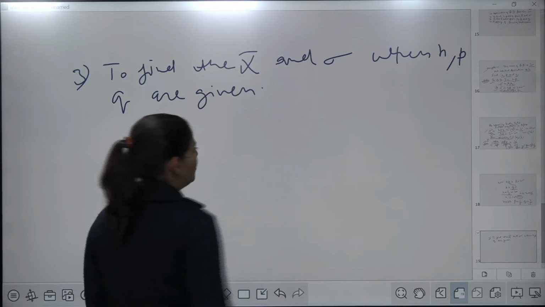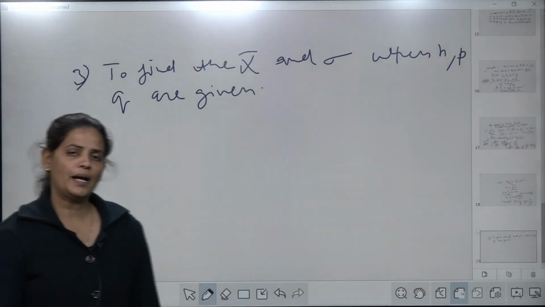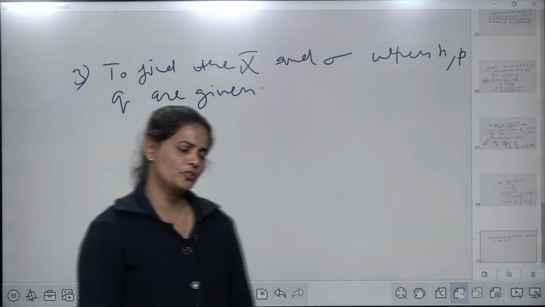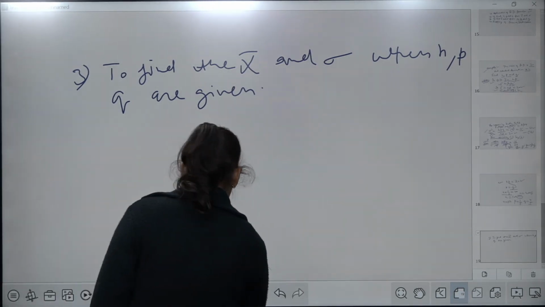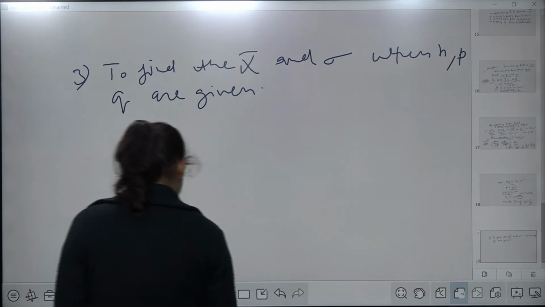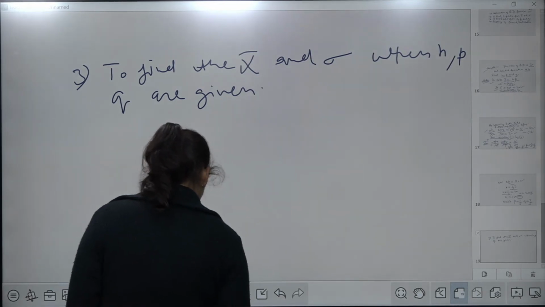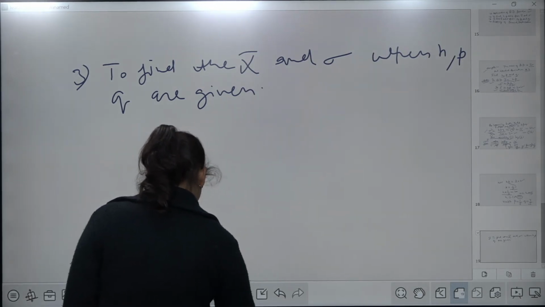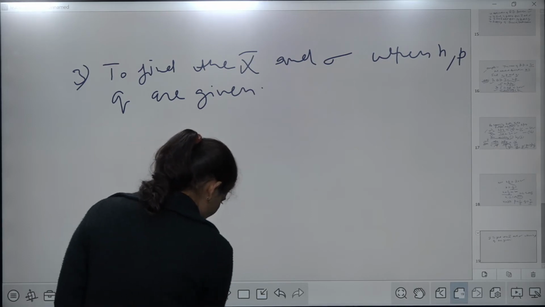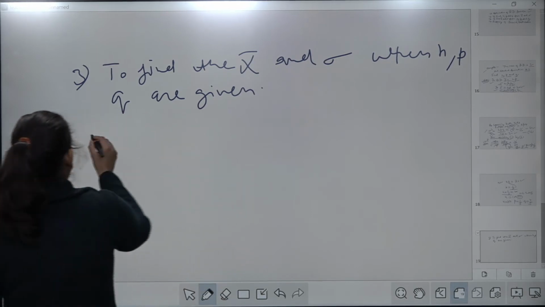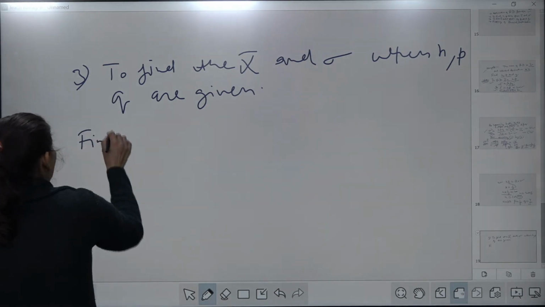So, let us do it with an example. You can't understand the binomial distribution or any kind of distribution without examples. So, we have one example.